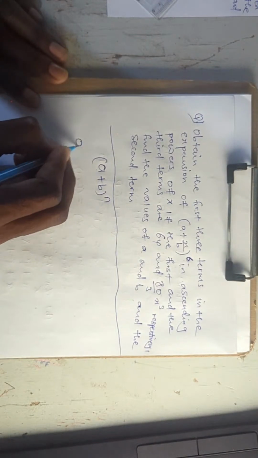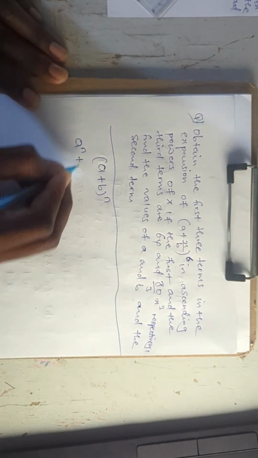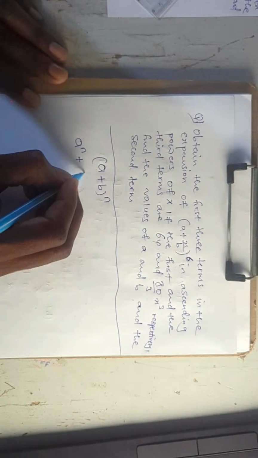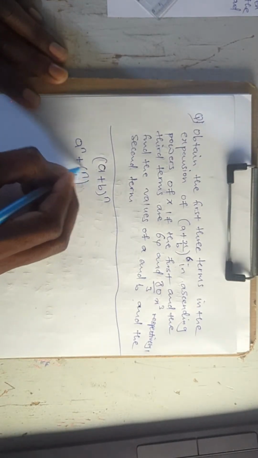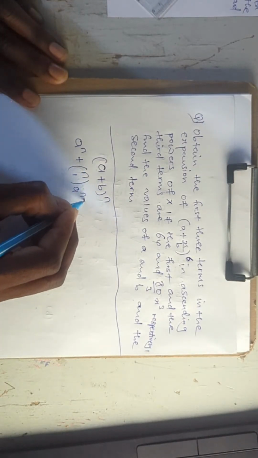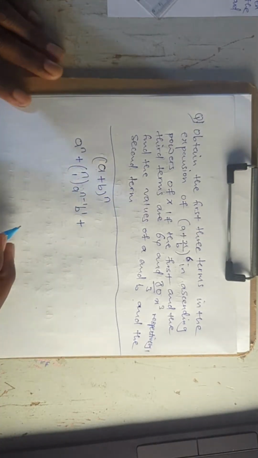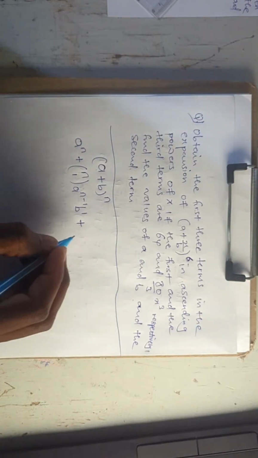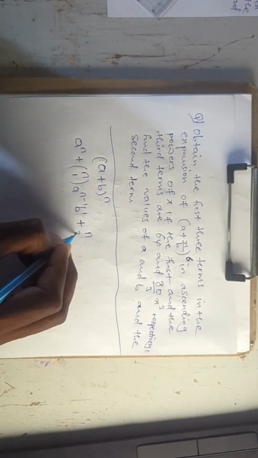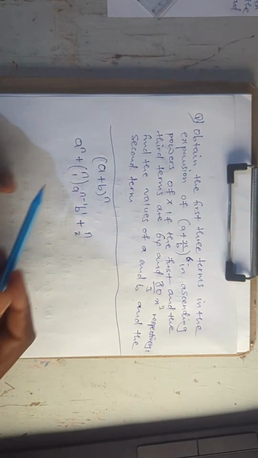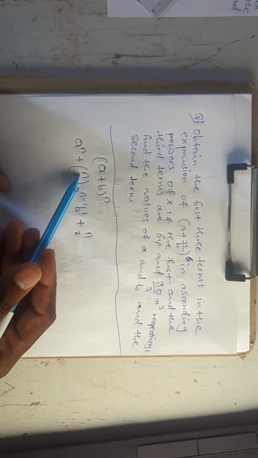This formula goes like this: a power of n, plus n1, a power of n minus 1, b1, plus n2. Please people, there is no over here; this is not an over.